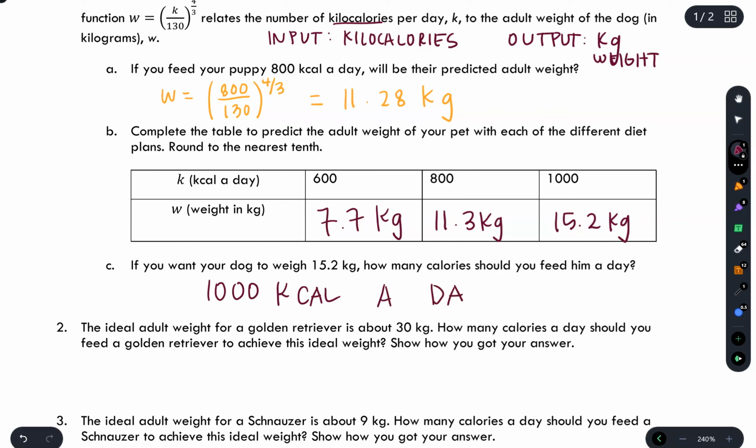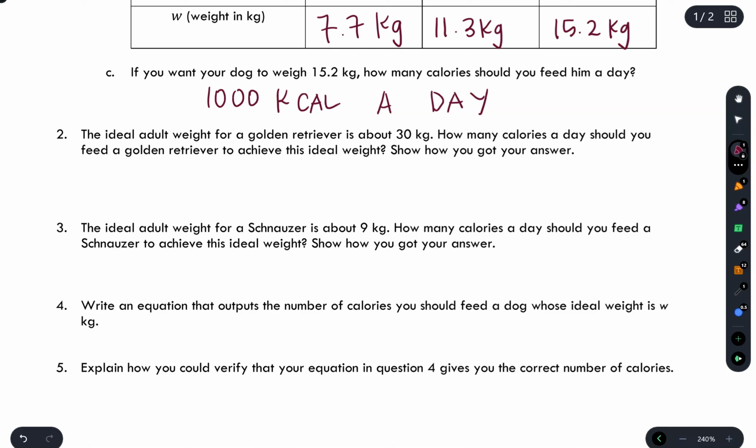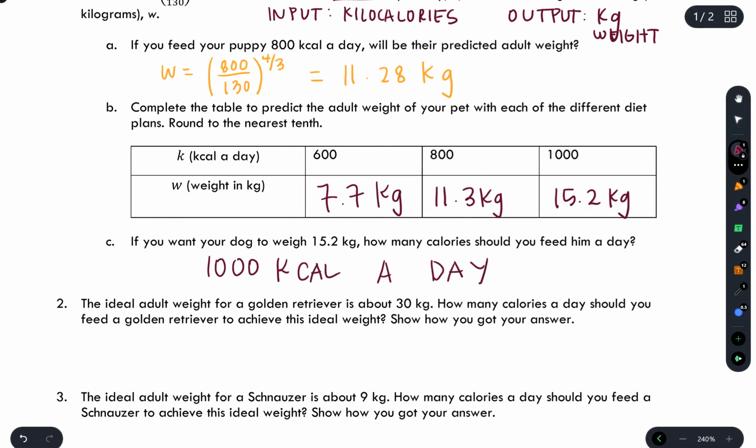Okay. So the ideal adult weight for a golden retriever is about 30 kilograms. So how many calories a day should you feed a golden retriever to achieve this ideal weight? What would I do to find this answer? I'm going to set the equation equal to 30, right?